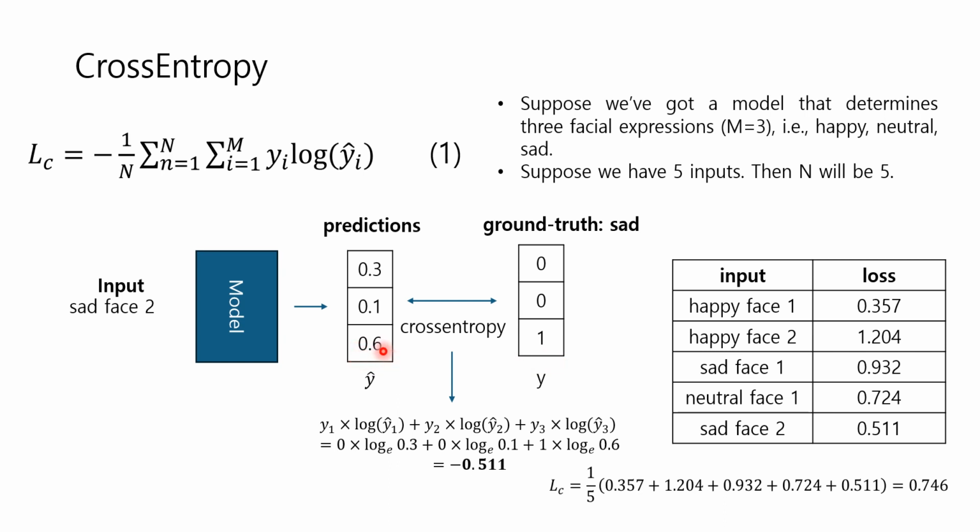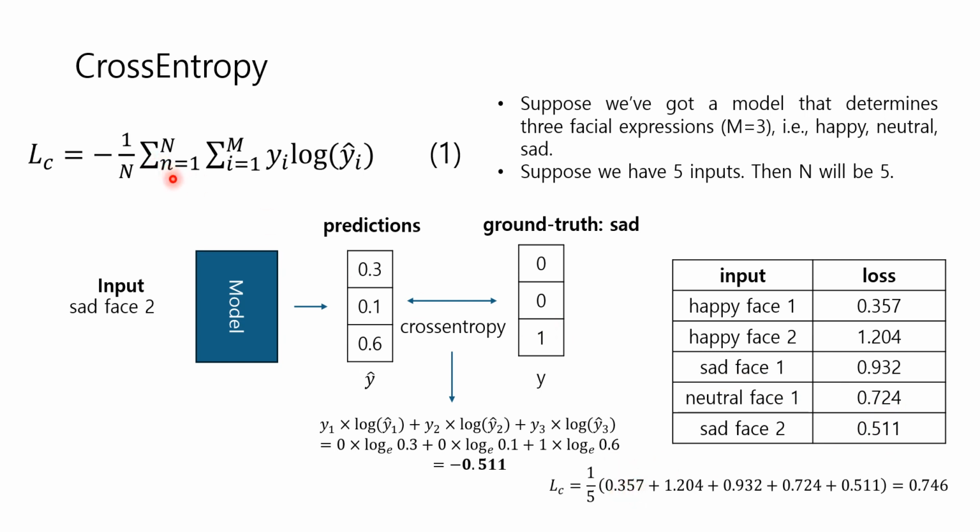It's giving 60 percent for the input image being the sad emotion, and the ground truth is sad. So this time 0.511 is low. So the higher the probability of the true emotion category, the lower the loss is going to be.